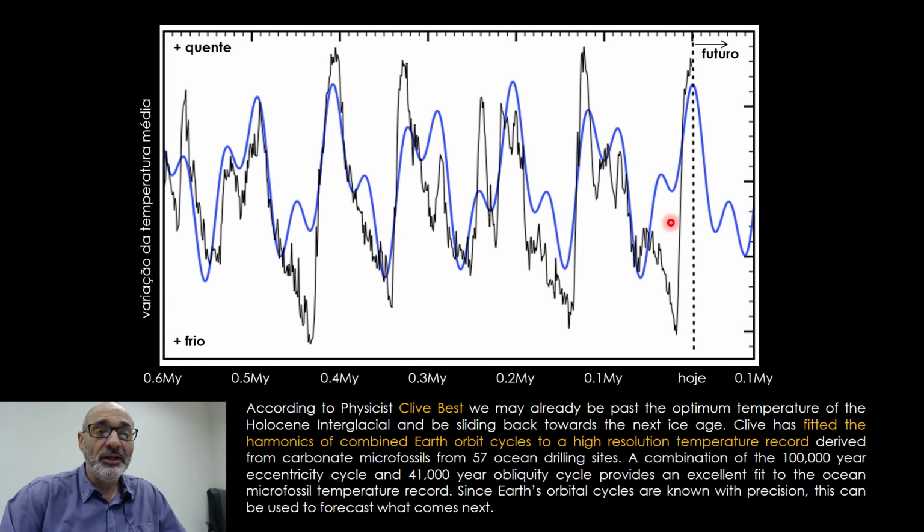So the relative position of the continents has strong influences on the climate. And there are several other aspects. For instance, the amount of CO2, the amount of greenhouse effect that we have, also influences the average temperature. So you have several factors influencing the average temperature on Earth.